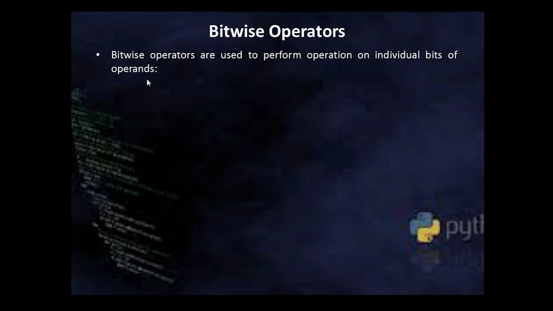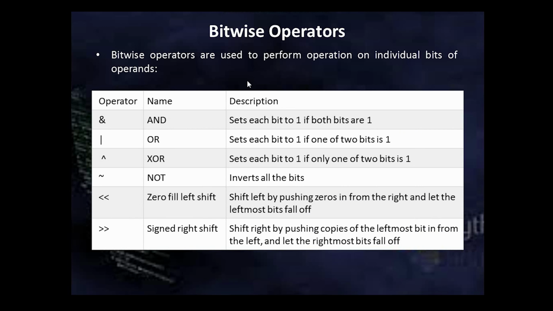As I stated, bitwise operators are used to perform operation on individual bits of operands. Already I stated the operands should be strictly integer. We cannot apply on any other data type. It is applicable on some other objects like set, dictionary and all, but in current context, we are talking only about integers.